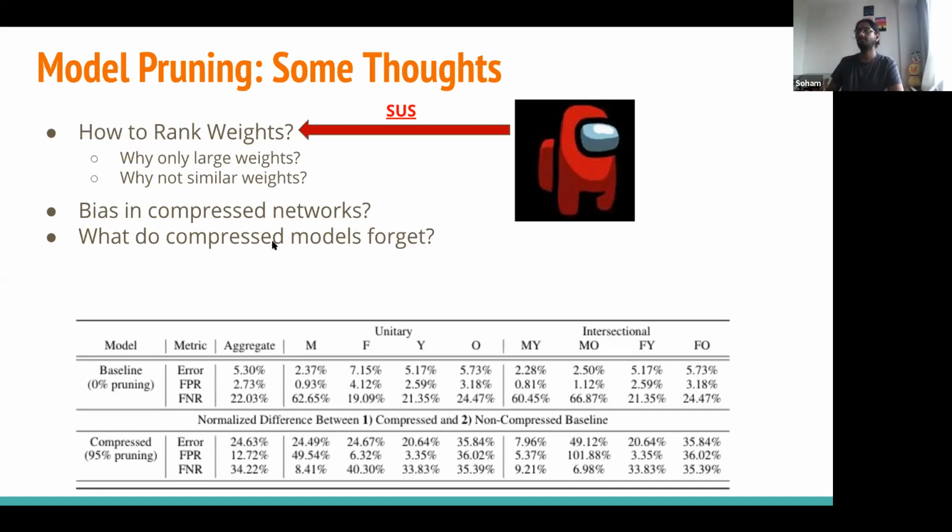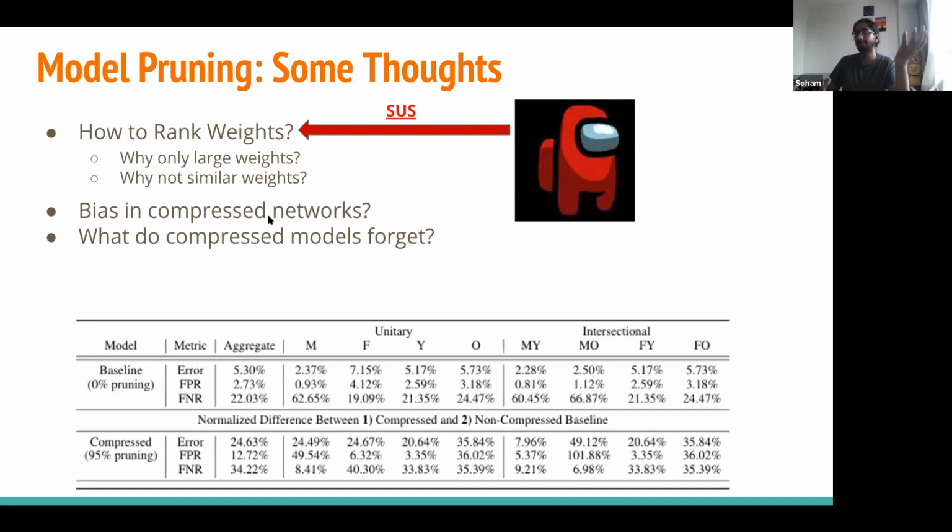Another thing that is a really important question right now is bias in these compressed networks. Do these algorithms, like pruning, actually introduce bias in the output of the network?